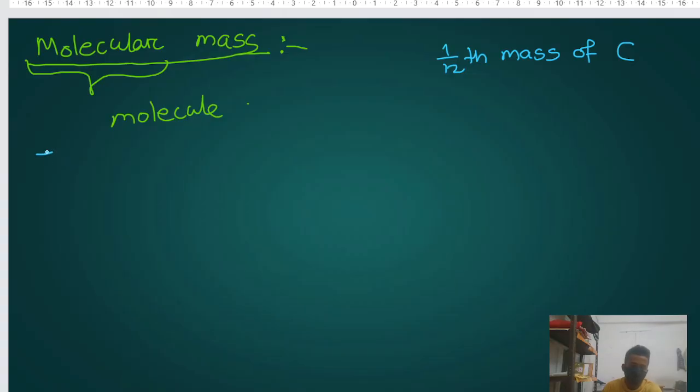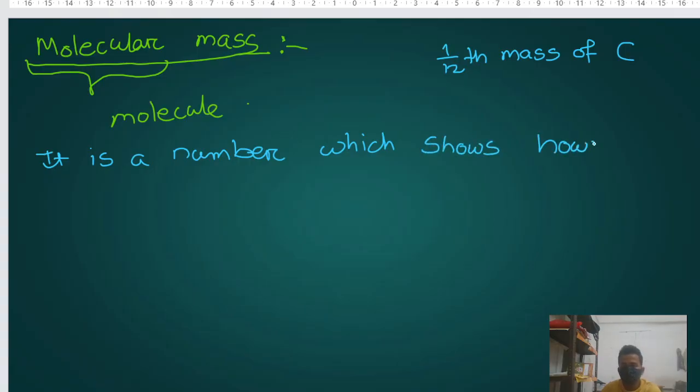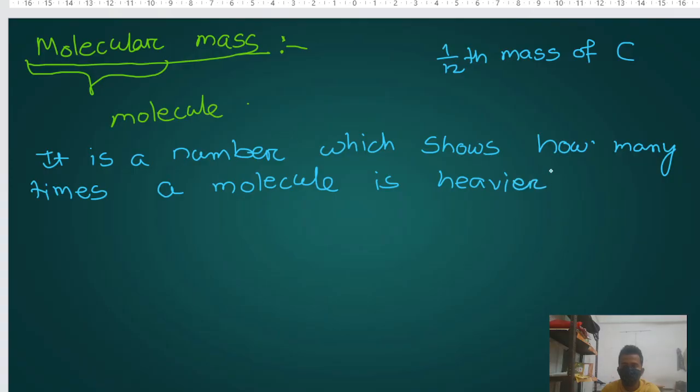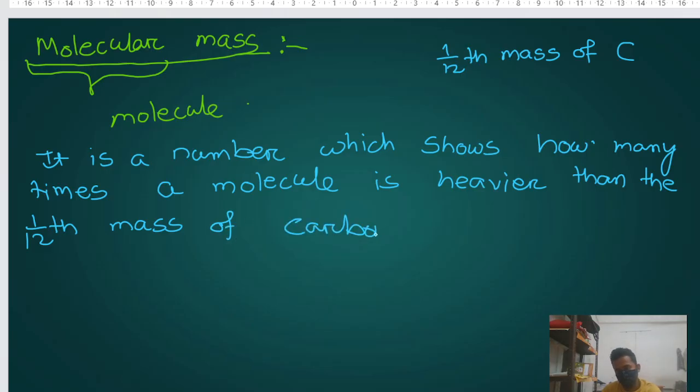It is a number which shows how many times a molecule is heavier than the 1 upon 12th mass of carbon, that is C-12.